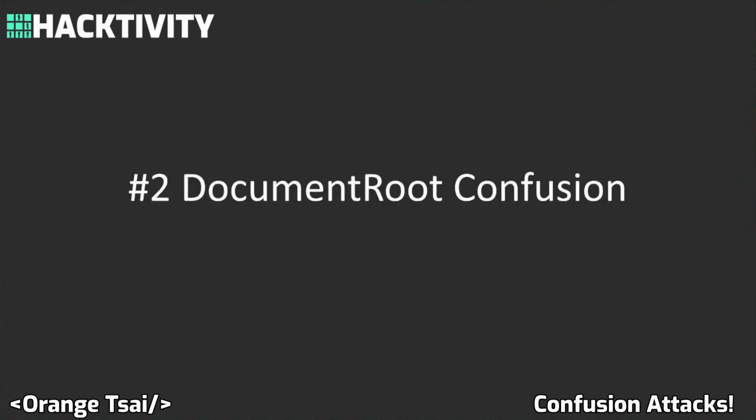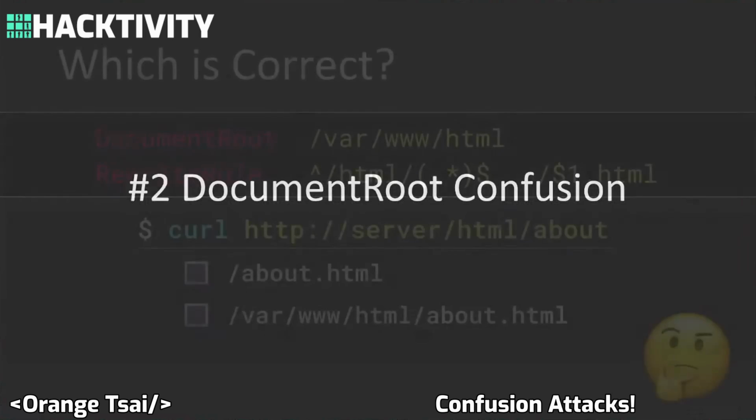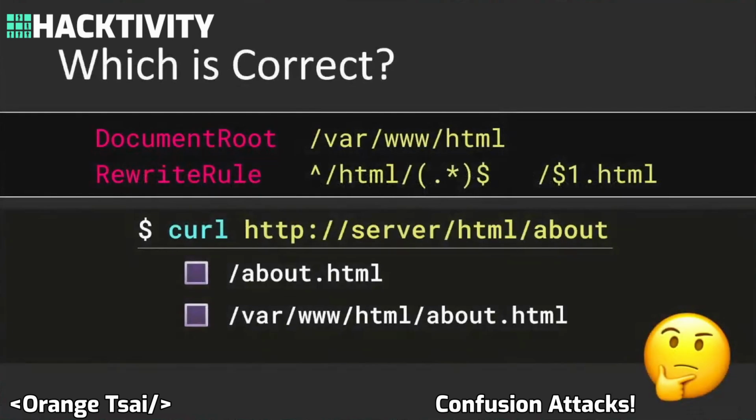The next attack we will introduce is the confusion based on the document root. First, this is a common configuration for website admins to hide the file extension from the URL.